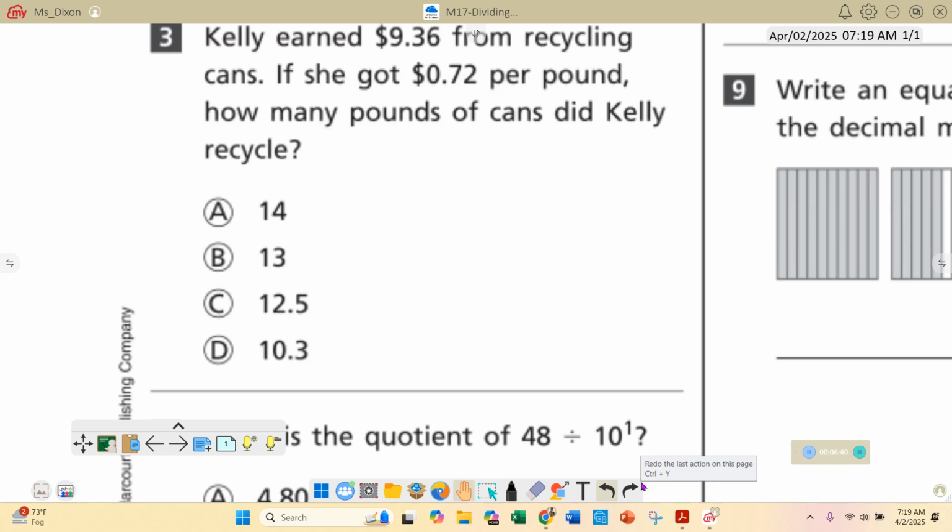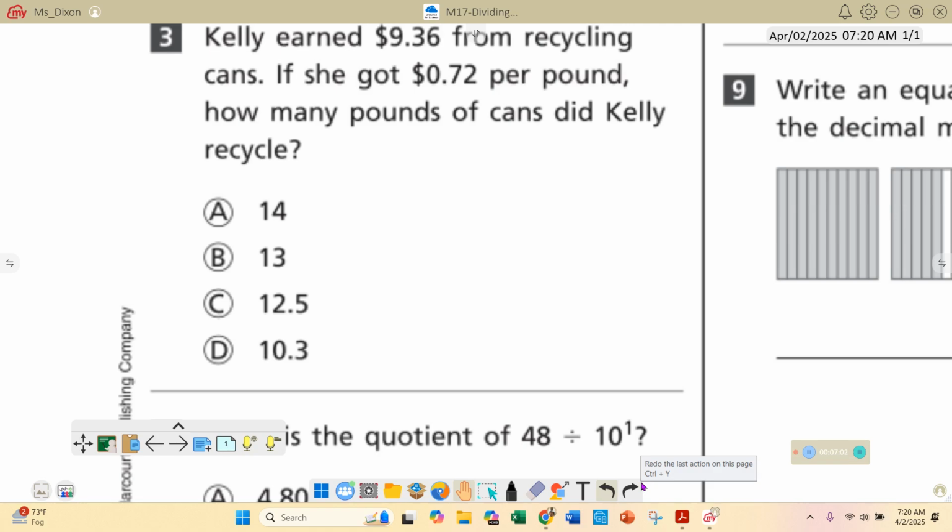So we need to figure out how many pounds of cans she recycled. Since we know how much she earns and how she's separating it, that is going to be a division problem. So let's look at solving this division problem.